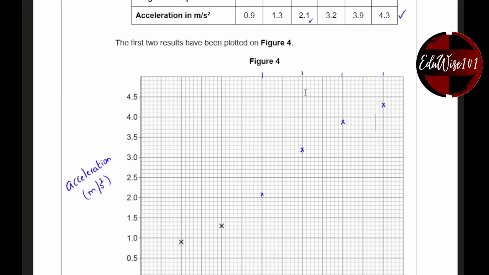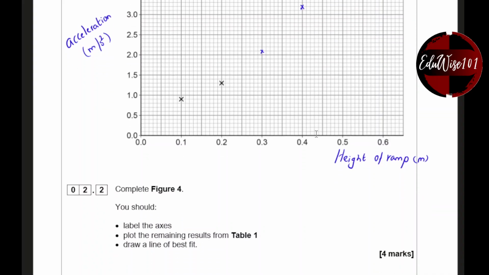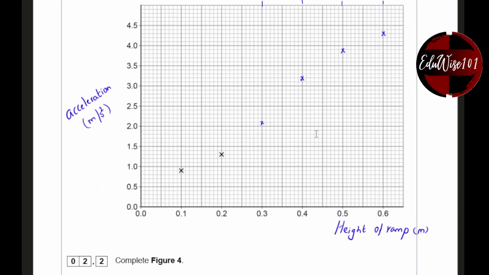And draw a line of best fit. So you would get at least 3 marks out of the 4, and the final mark is actually to draw a line of best fit. Now the line of best fit needs to start at 0. So let's see if I can draw a straight line. Nope.